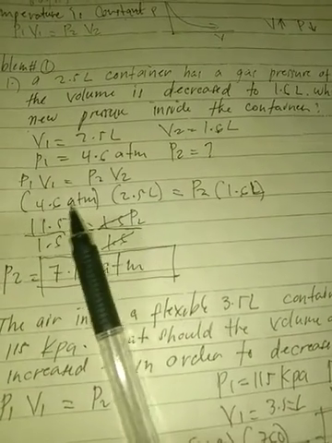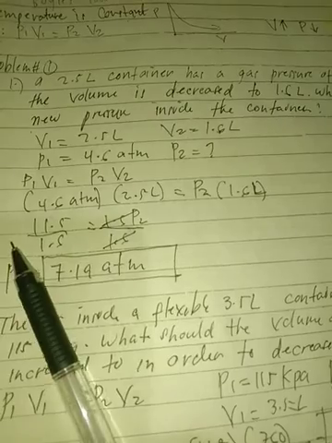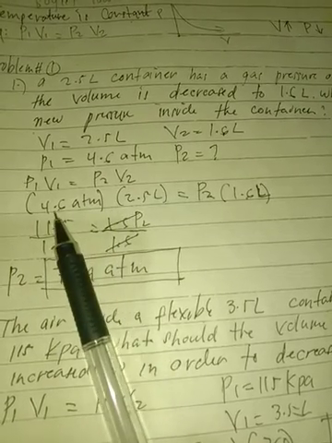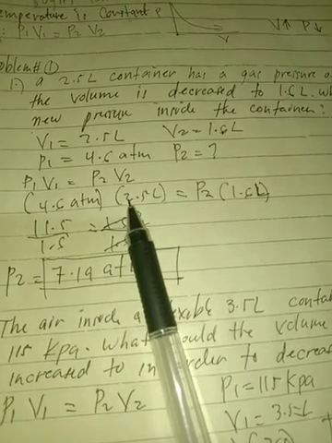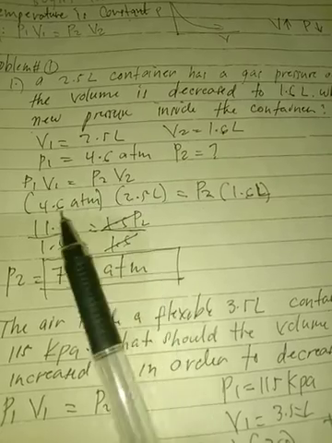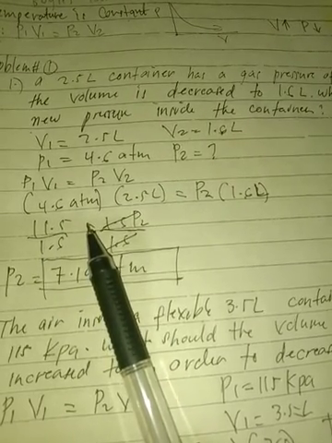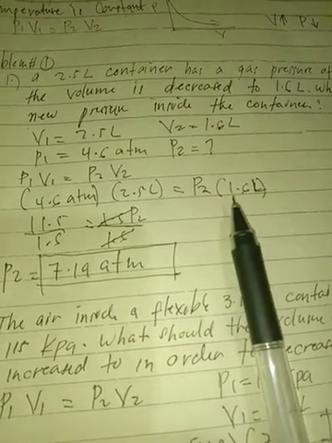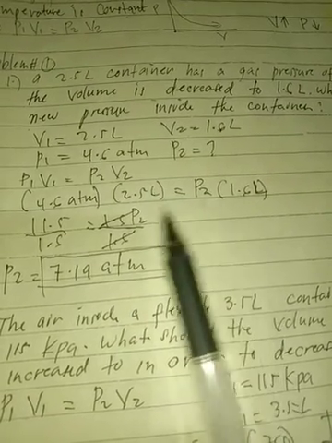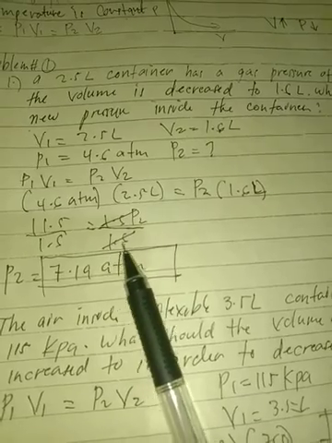So now we are going to multiply 4.6 times 25 equals 115, and that equals P2 times 1.6 liter. We are going to divide both sides by 1.6, so the 1.6 cancels out.